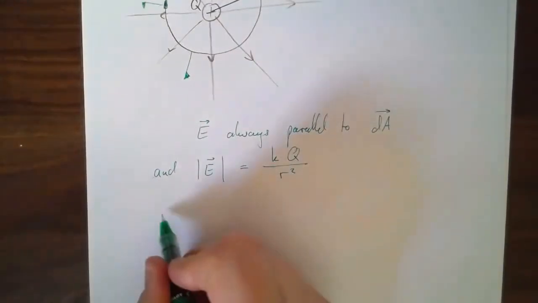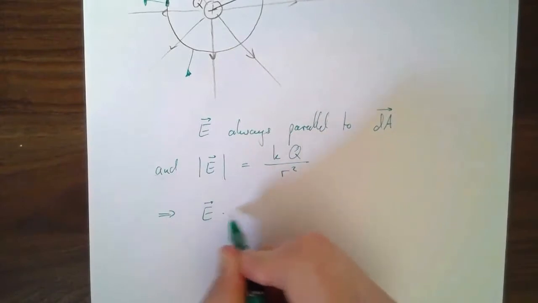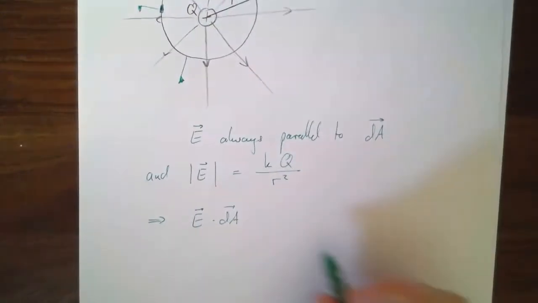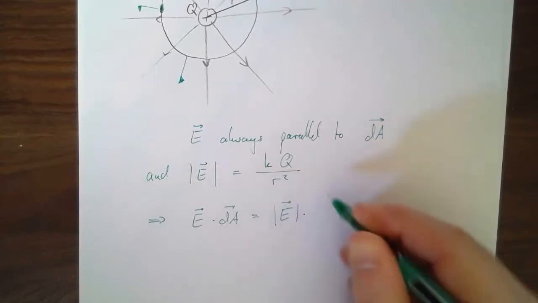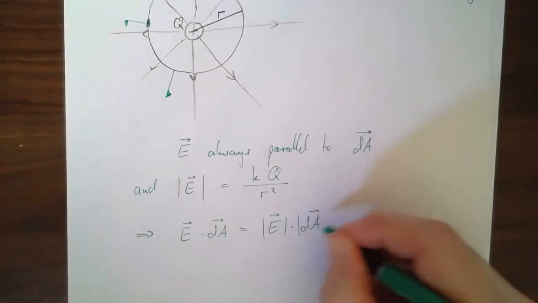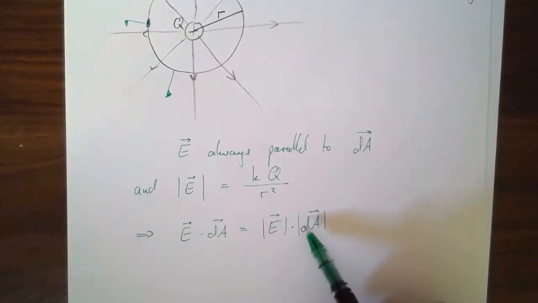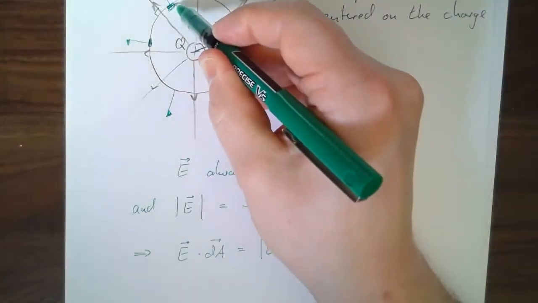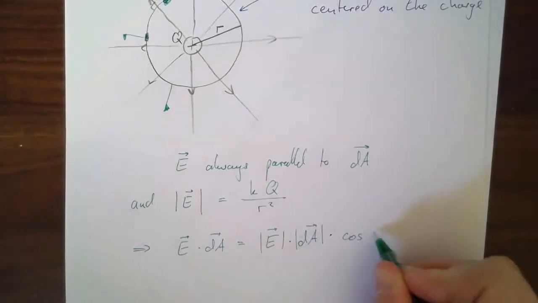So the flux through a single tiny piece of our mosaic covering the sphere is E times the area size itself. You write it like this: E times the magnitude of the area vector, which is just the size of this little, say, 1 square micrometer, times the cosine of the angle between them.